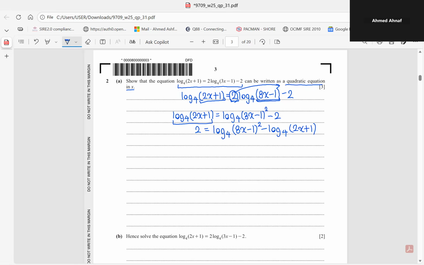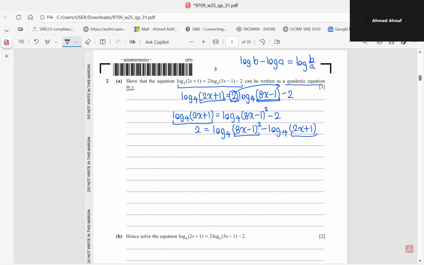Okay, so now we realize that we basically have 2 logarithms with the same base but different numbers inside. If we have this case, we can express it in the form log b minus log a, which would just be log b over a.